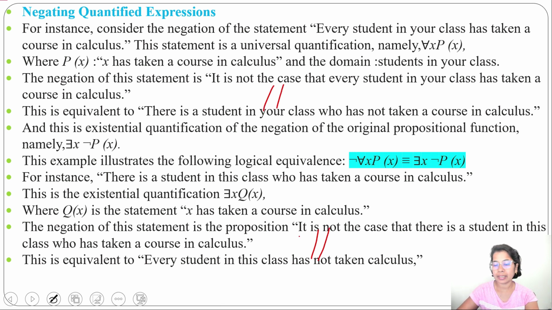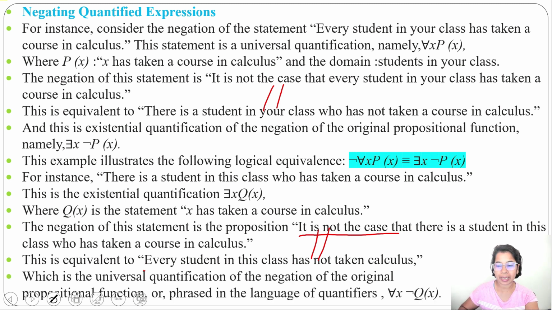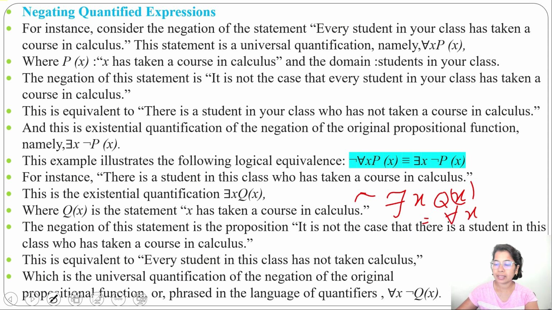Either you can write it is not the case, or simply you can write: every student in this class has not taken calculus. That we can write as for all x, negation Q(x). Now from this example we conclude that negation of there exists x, Q(x) is equivalent to for all x, negation of Q(x).